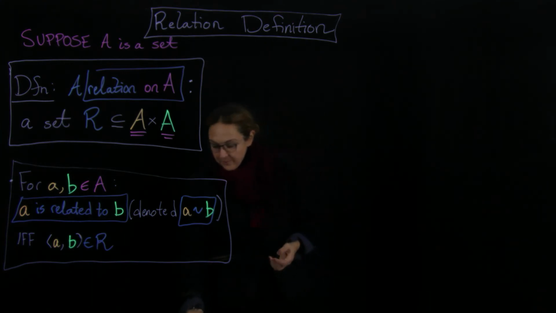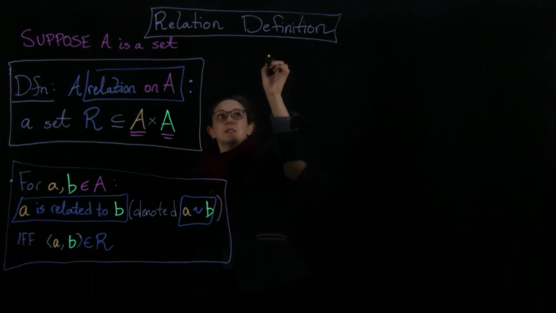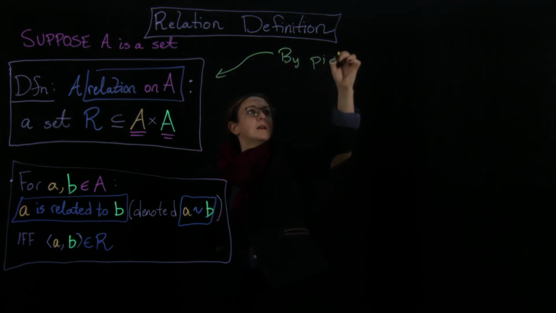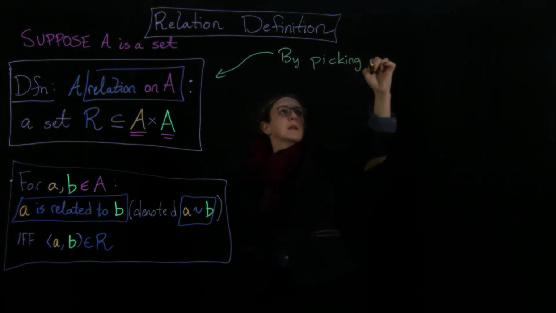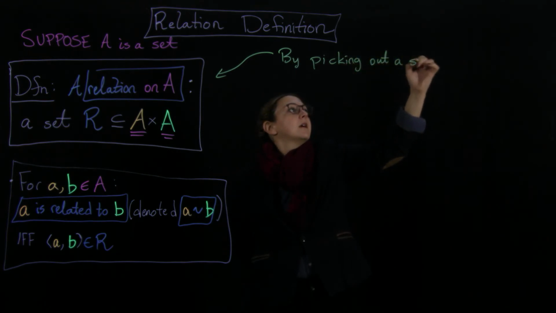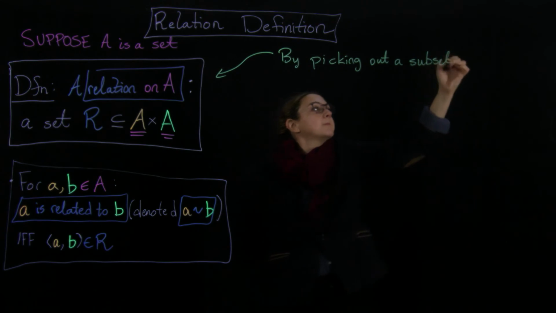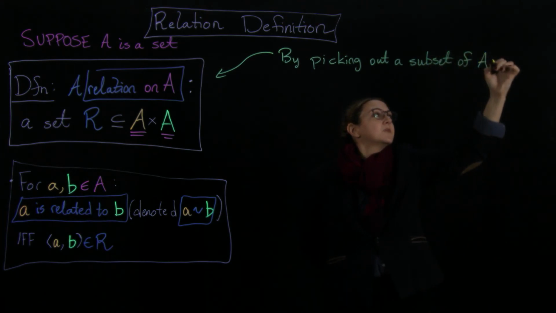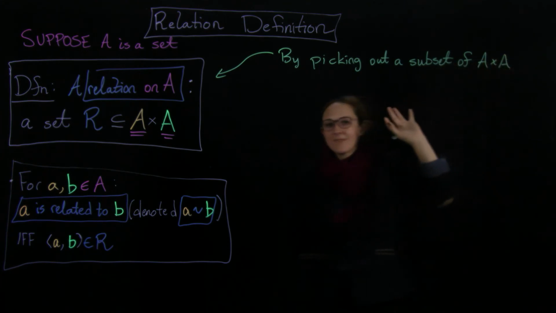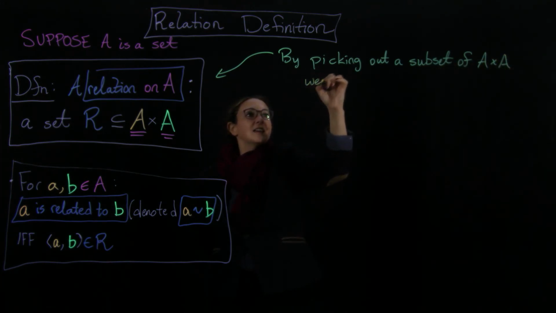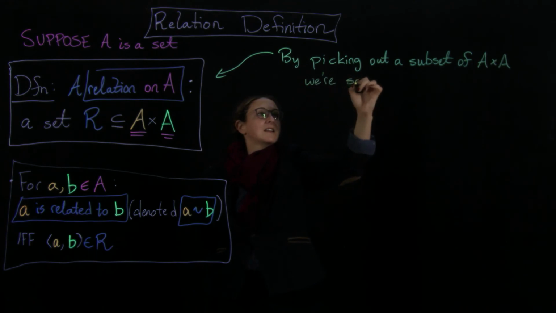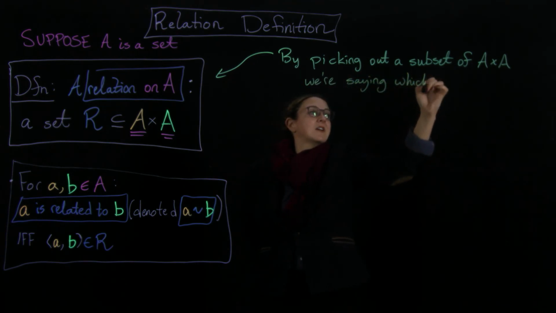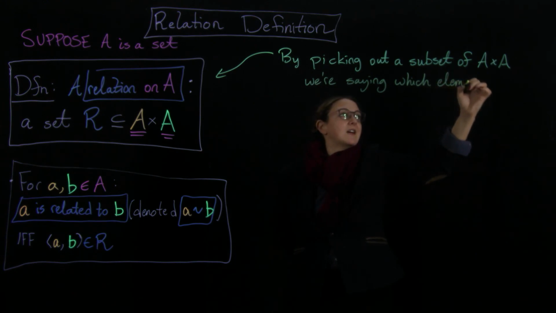So by picking out a subset of the Cartesian product, we're saying which elements of A are related.